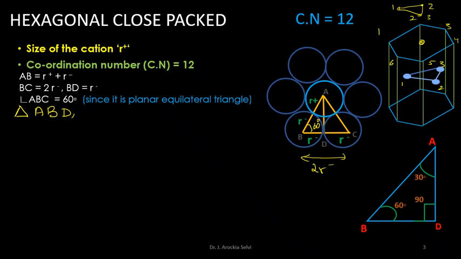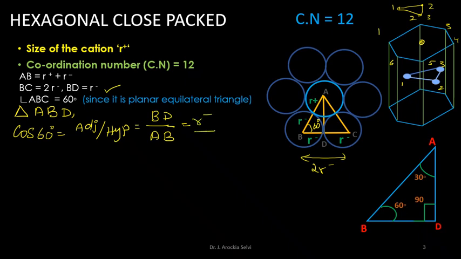Now in this triangle ABD, using a trigonometric function, you take cos 60 degrees. Cos 60 is adjacent divided by hypotenuse. Adjacent to 60 degrees is BD, and the longest side, the hypotenuse, is AB. So BD is r minus and AB is r plus plus r minus.